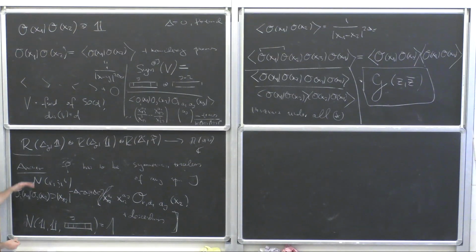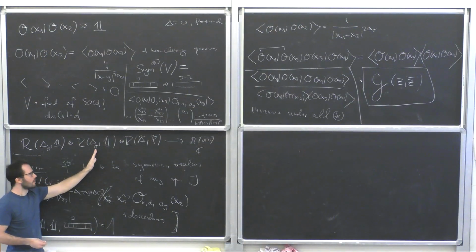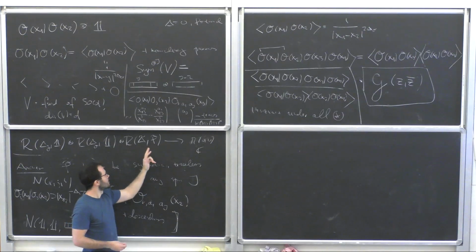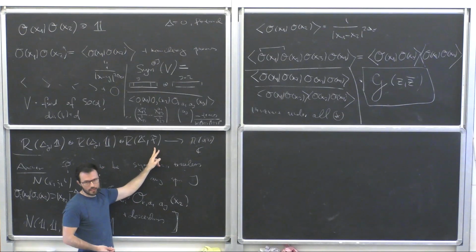And the statement I was making without proof is that if i and j are scalars, then this vector space is zero-dimensional unless rho tilde is symmetric traceless.